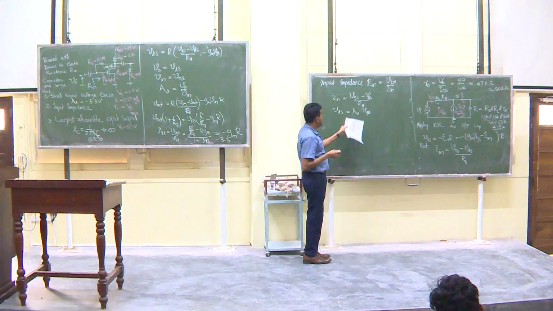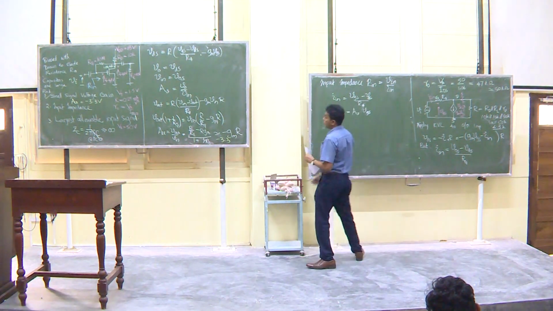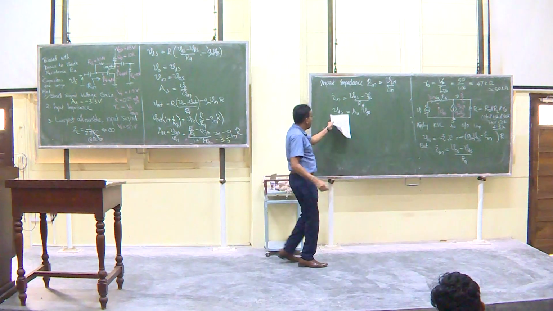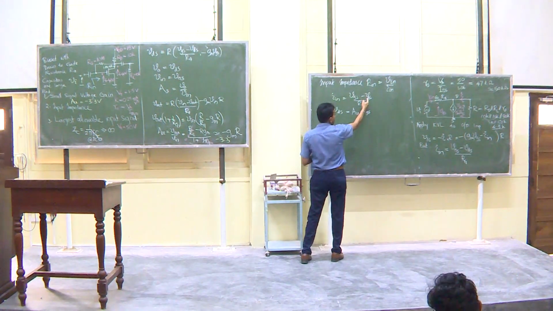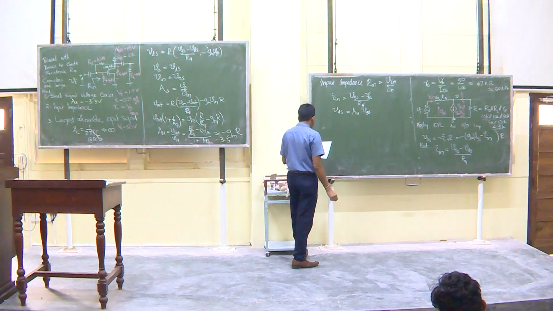So this is basically what we did here, from this relationship. Because VGS is the V in, VDS is the V out, so that's the same thing.